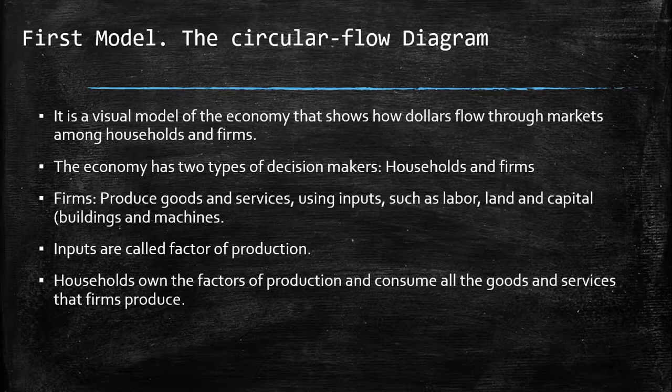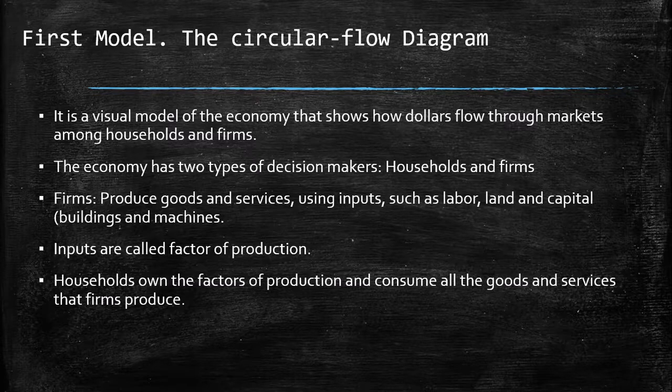On the other side, the households: we assume they own the factors of production. They are the owners of labor, which is true, but it may not be so clear that they own the land and capital.